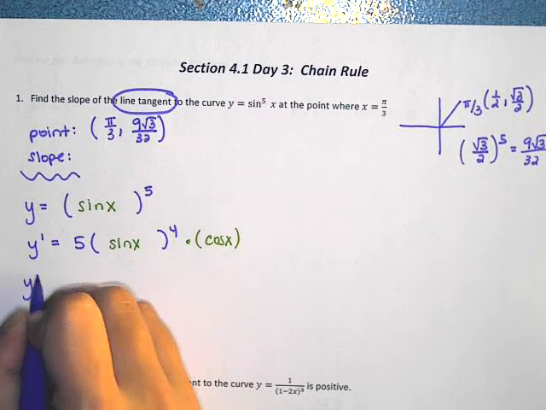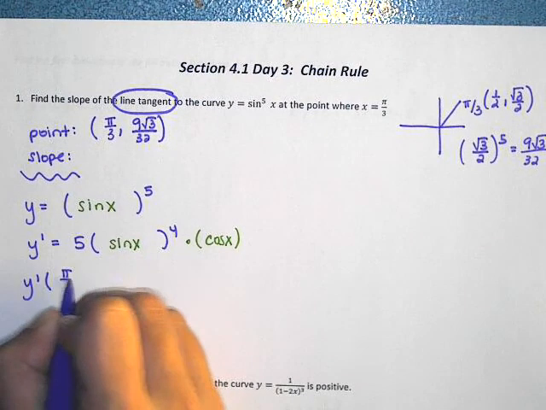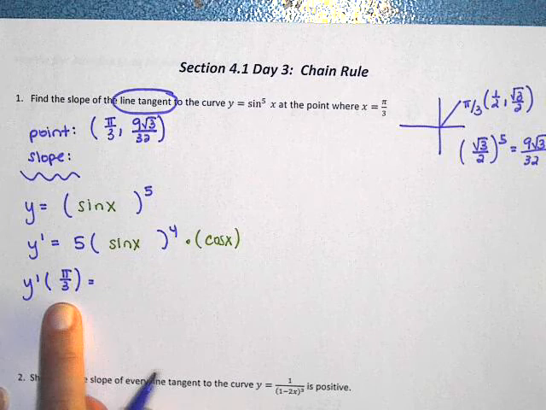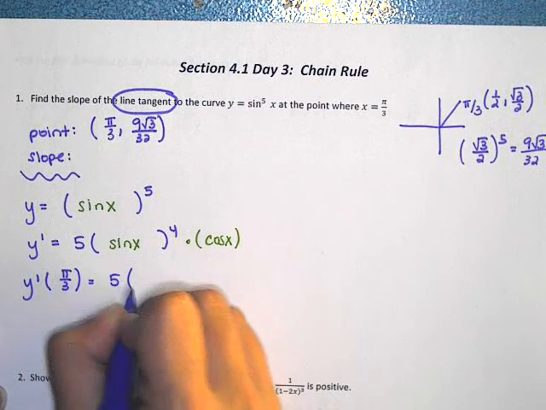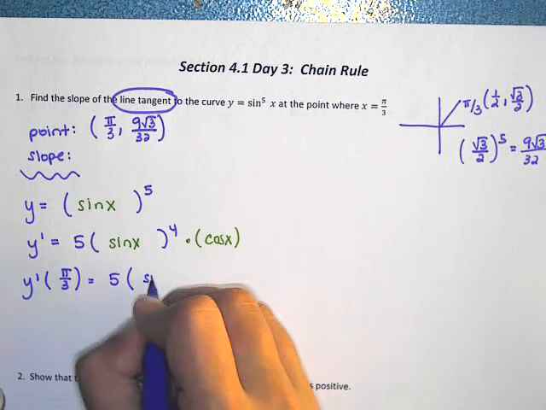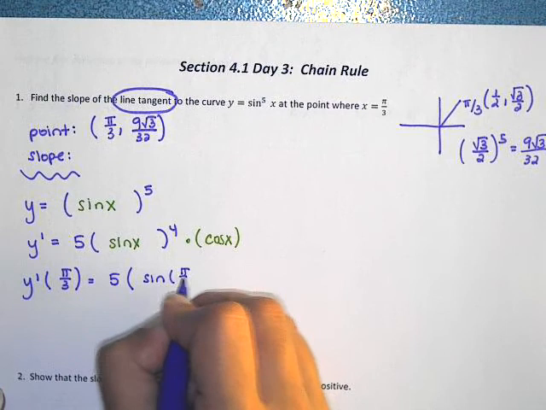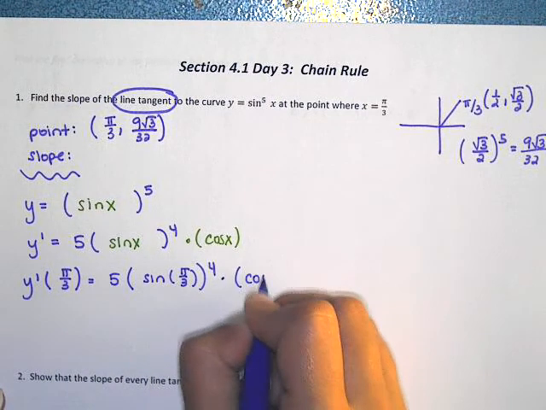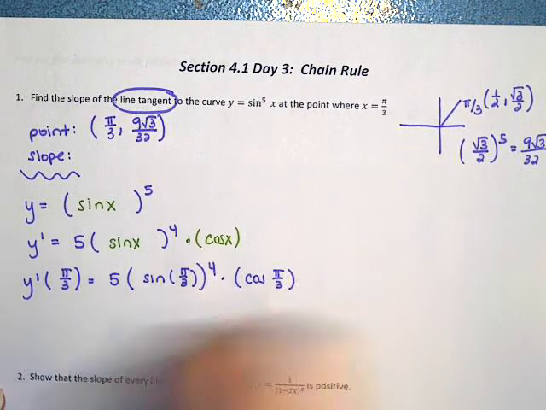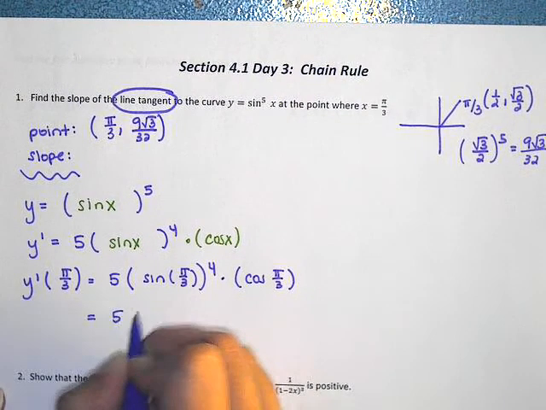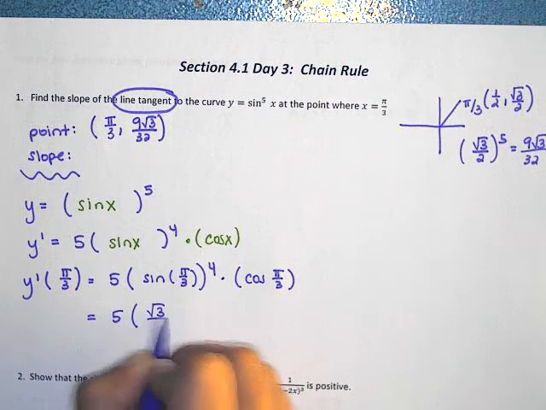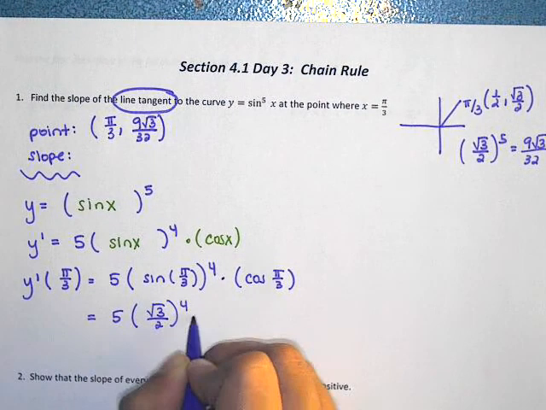Now if I take that function and I plug in pi over 3, and make sure you're using the correct notation here, y prime of pi over 3, I get 5 times the sine of pi over 3 to the 4th power times the cosine of pi over 3, which means I get 5 times sine of pi over 3, we said, was the square root of 3 over 2 to the 4th power.